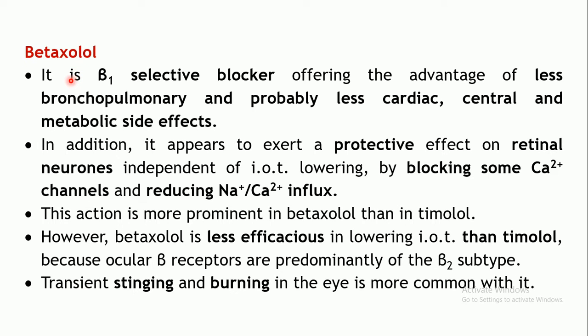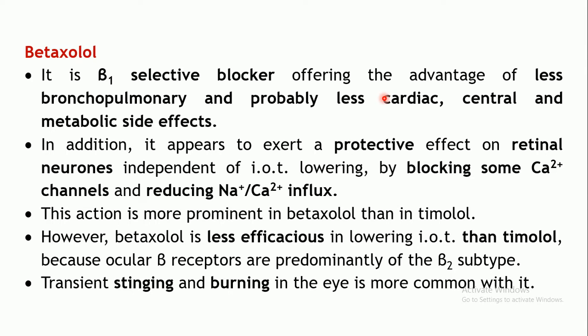This particular drug is somewhat beta 1 selective in blocking the receptors. Timolol is a non-selective blocker, but betaxolol is a beta 1 selective blocker. As a result of this, what will happen? We have also seen that cardioselective drugs have so many advantages, right? They have less bronchopulmonary complications, less cardiovascular complications, and central and metabolic side effects are ruled out, because most of the actions at these particular sites are beta 2 mediated.